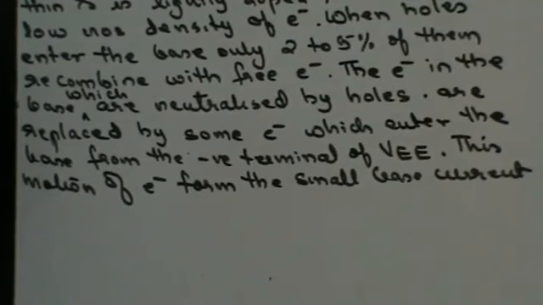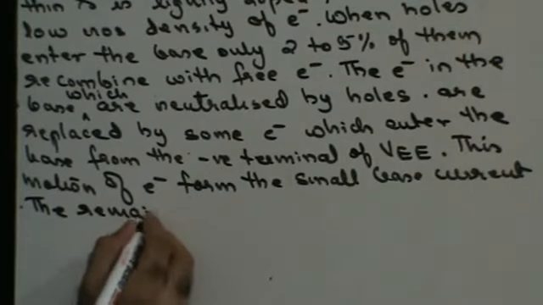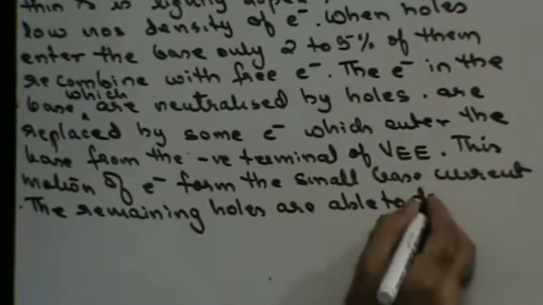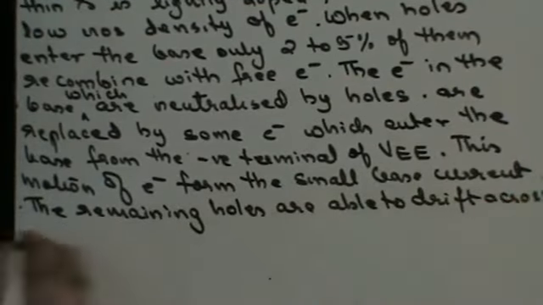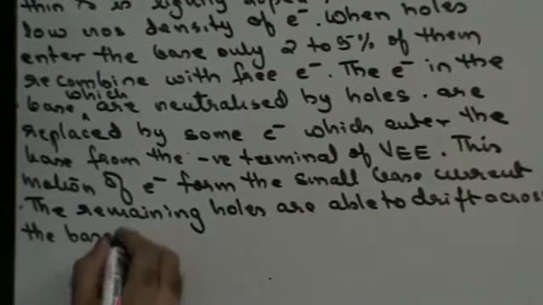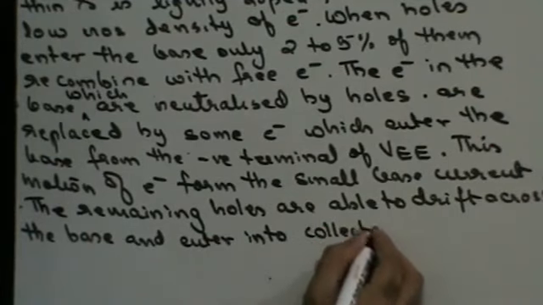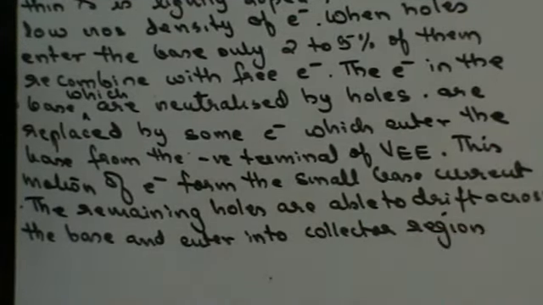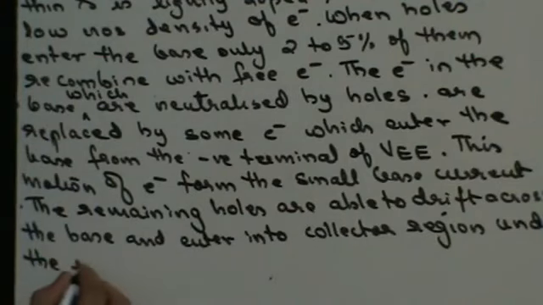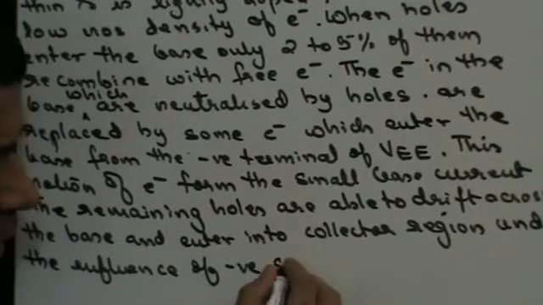The remaining holes are able to drift across the base and enter into the collector region under the influence of the negative collector voltage.